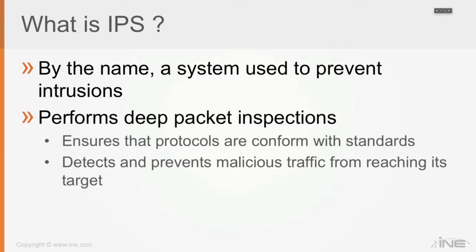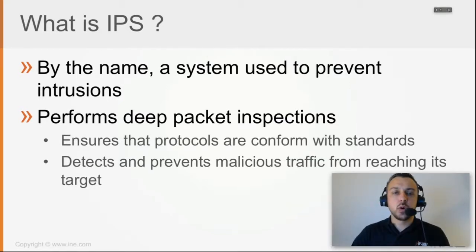It performs deep packet inspections on the analyzed packets to ensure that packets or protocols used by those packets conform with standards. So to make sure that, for example, there is nobody in the local network trying to send HTTP traffic out from the network, but using a non-standard HTTP browser, just to try to send not HTTP traffic, but for example to tunnel SSH traffic over HTTP, or to tunnel RDP traffic over HTTP, or whatever else.